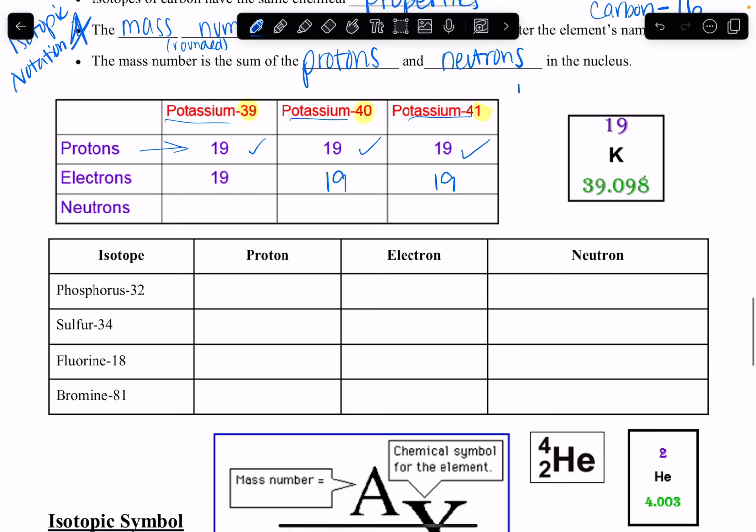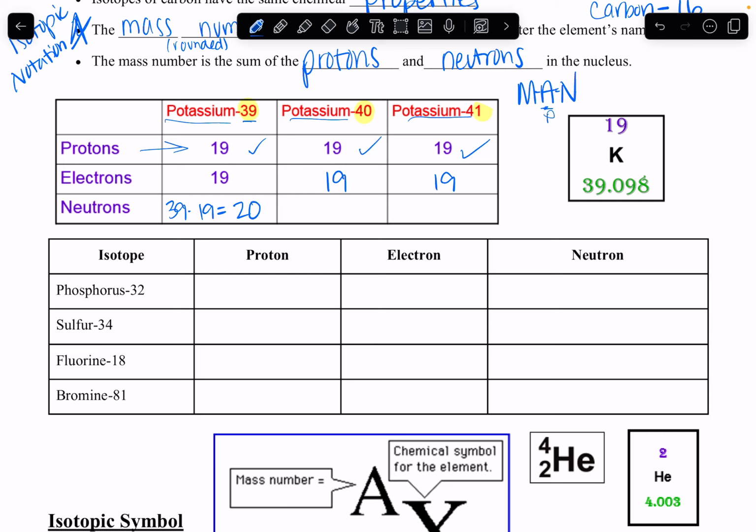So remember, we have MAN, my second part of the acronym: mass minus atomic number equals neutrons. So I have my mass minus my protons, because your protons are your atomic number, equals my neutrons. So I have 39 minus 19 equals 20 neutrons for potassium 39.